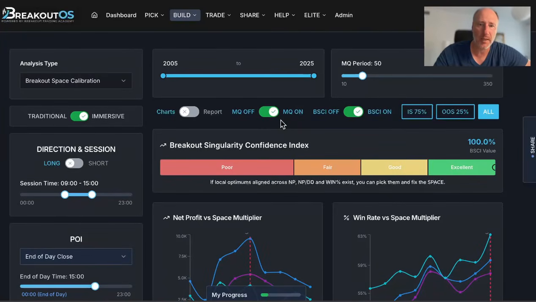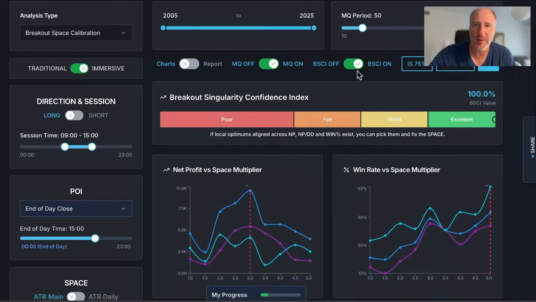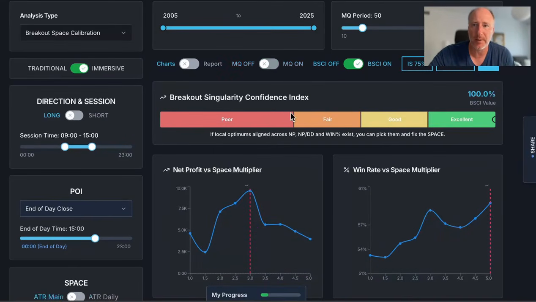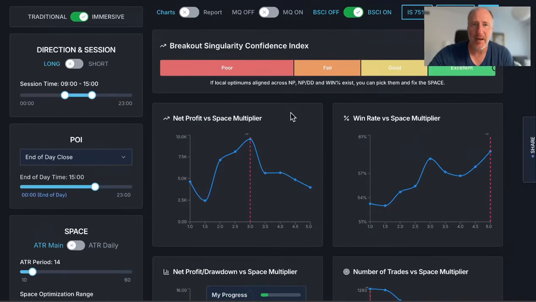Now let's see if we already finished our optimization, and we did. What we can see is that the breakout singularity confidence index tells us whether we need to re-optimize or if we can fix the value. And this one is extremely high.